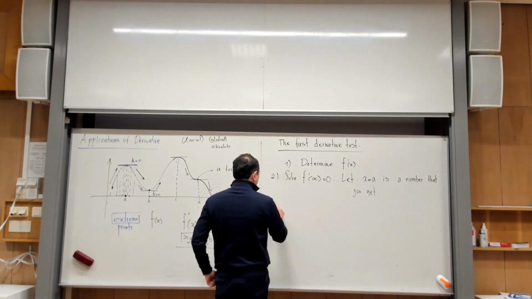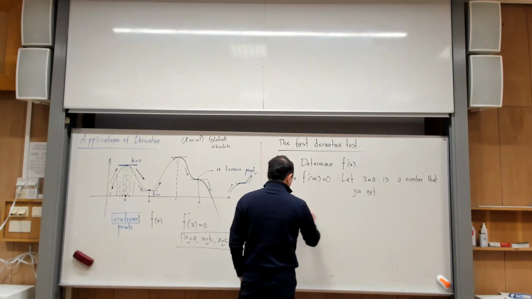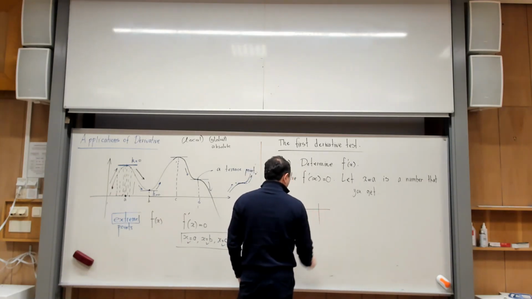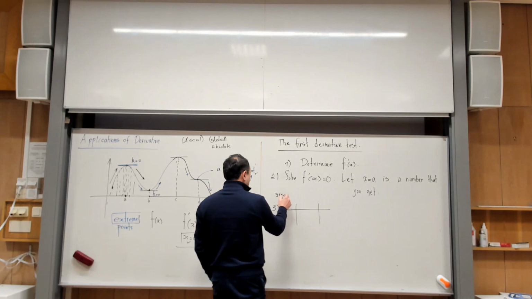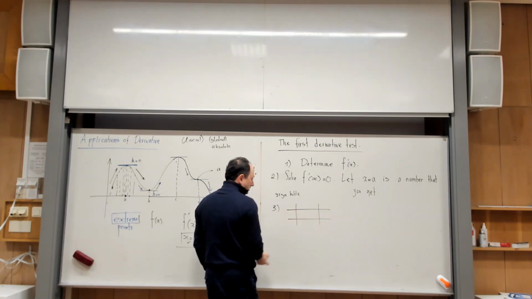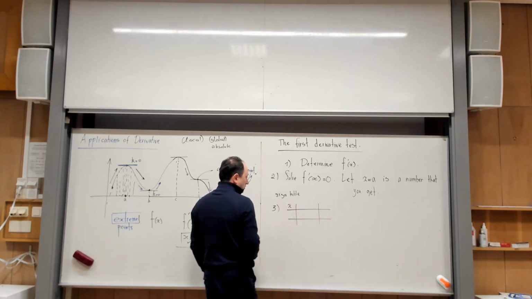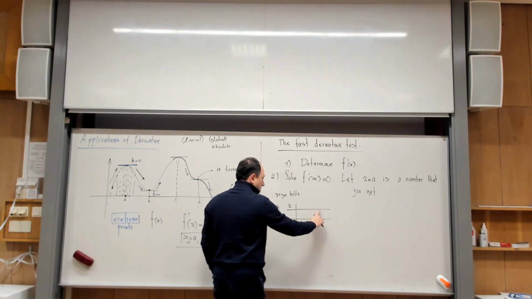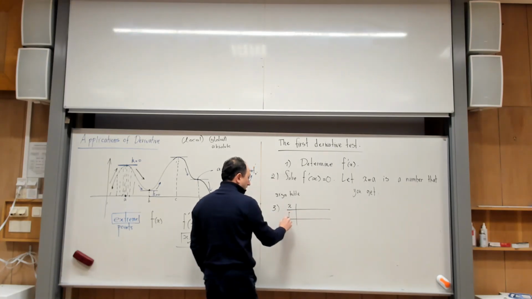So what you do is something like this. I want you to understand that. You have a sign table which, by convention, they put the derivative in the middle row. So they start with a row for x. The second one is, by convention, the derivative.